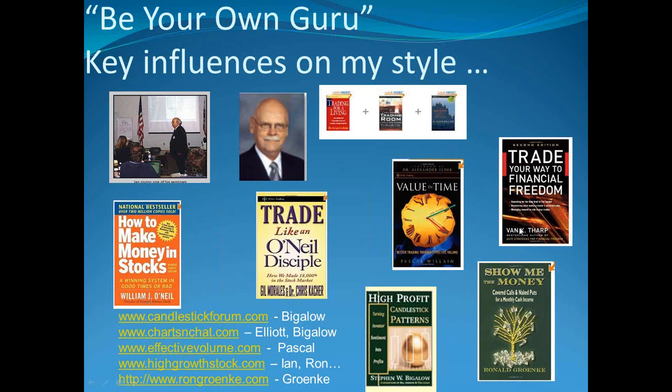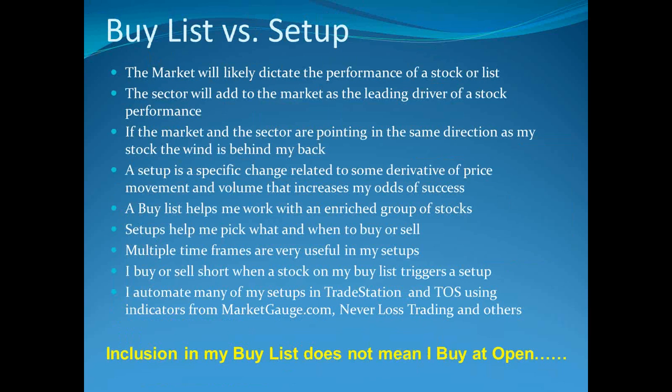A lot of interest in institutional volume, position sizing with Van Tharp, candlesticks with Steve Nison, and then Ronald Groenke has a great approach to writing calls and making money on your stocks by renting them. So basically, these are the folks that I have learned from. I've read others as well, but these are the ones that I keep going back to.